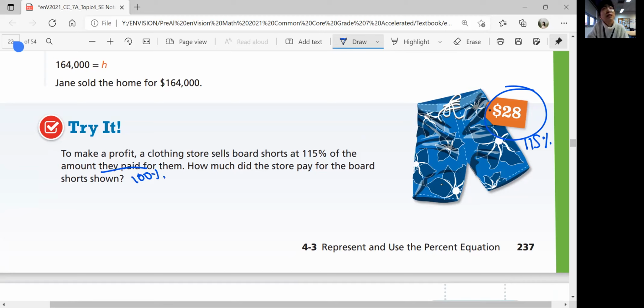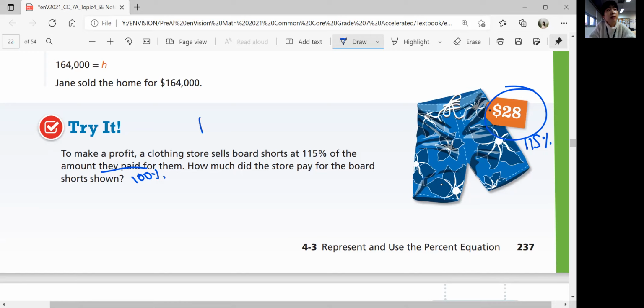So first, the store has to buy the shorts, right? They've got to buy, and then they're going to sell it at a higher price. So the amount that they paid for the original shorts is going to represent 100%.